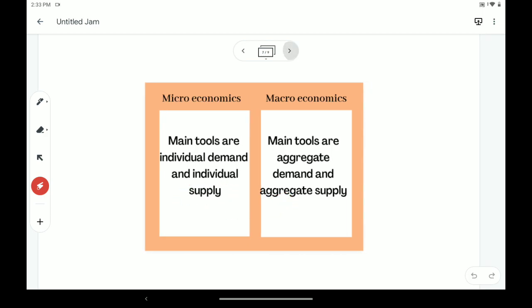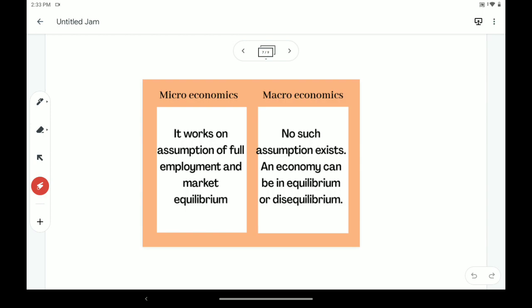The next difference is that microeconomics works on the assumption of full employment and market equilibrium. So it can be taken as a limitation of microeconomics, because we know that in reality no economy works with full employment, and the economy might be in market equilibrium or in disequilibrium. In macroeconomics such limitations do not exist because such assumptions are not taken.